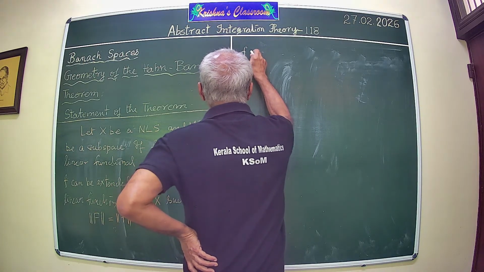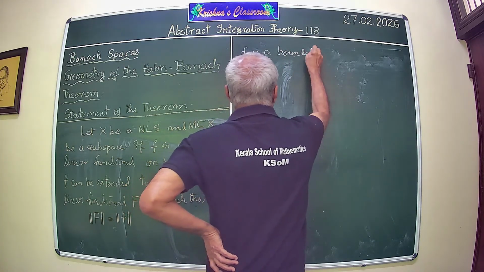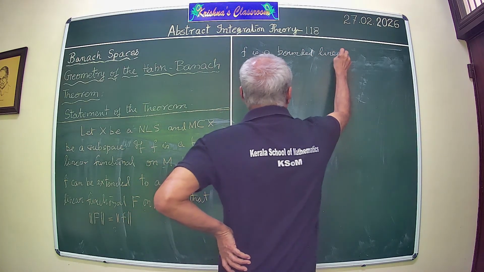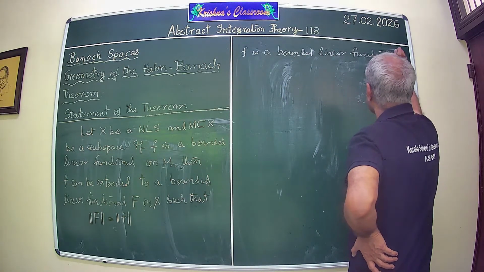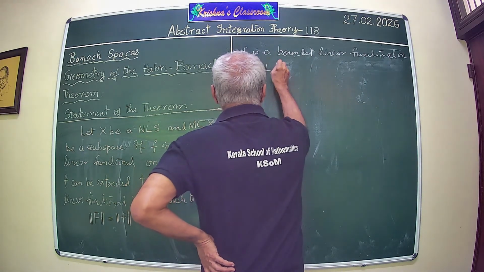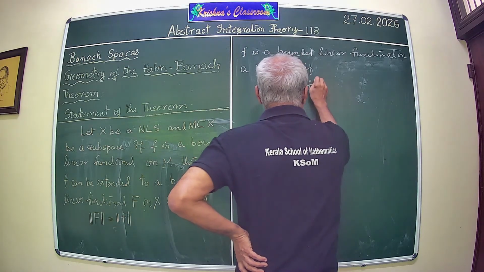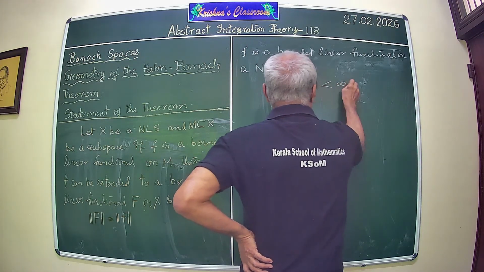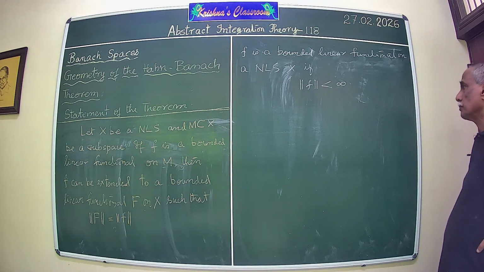F is a bounded linear function or a bounded linear space if norm of... okay, right?